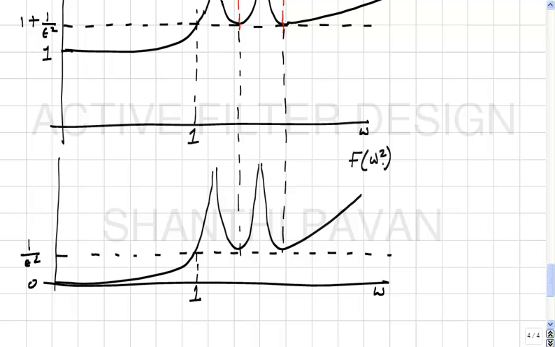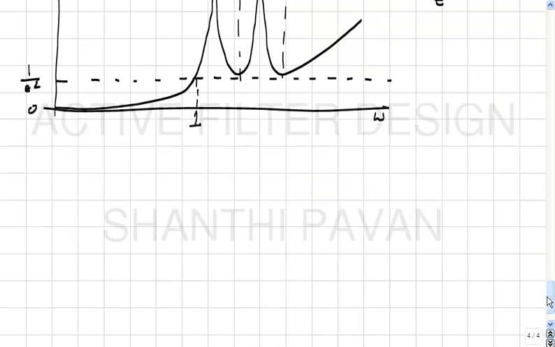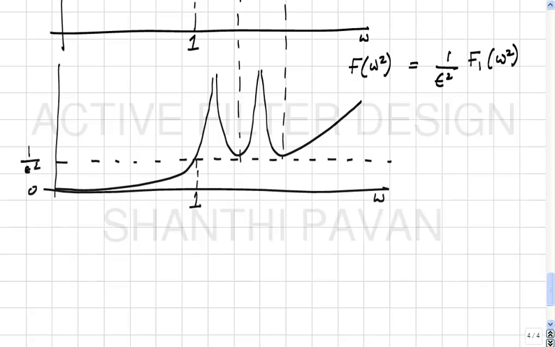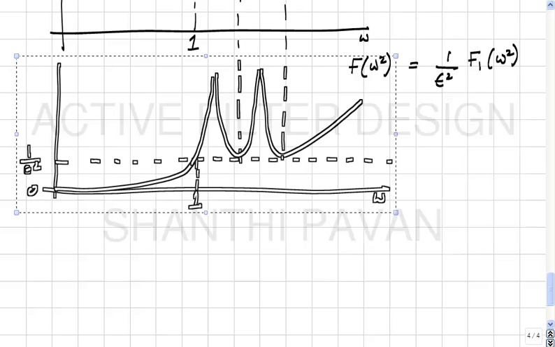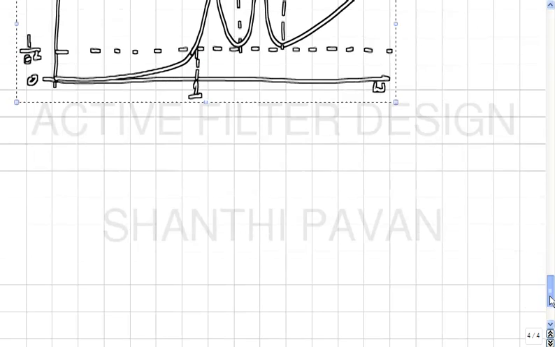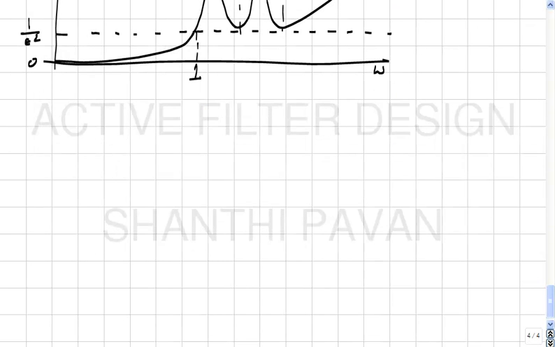And just like in the Chebyshev case, where we decided to get rid of the epsilon, we denote this by 1 by epsilon square times f1 of omega square, correct? And how does f1 of omega square look like? I copy and paste.